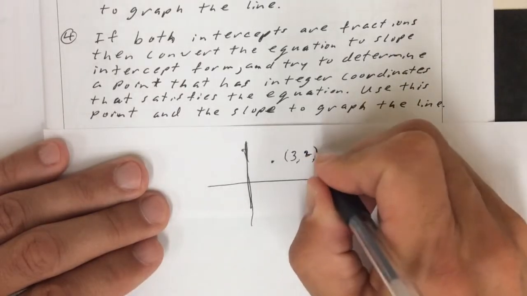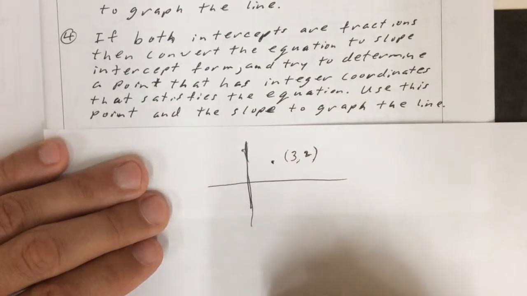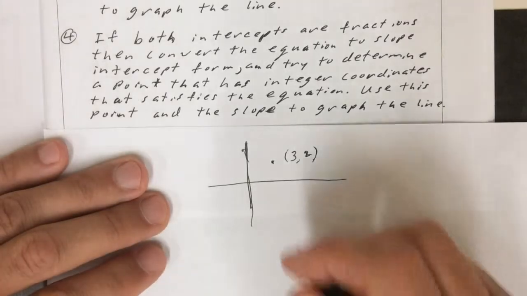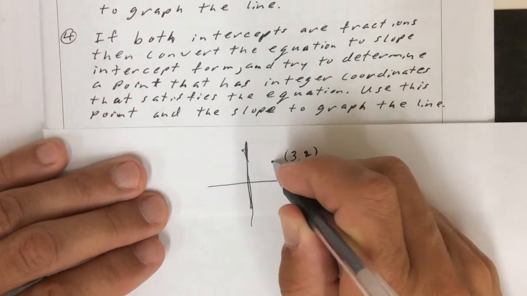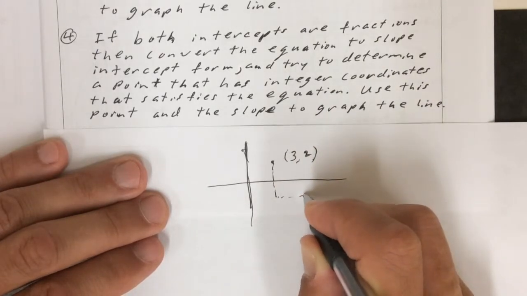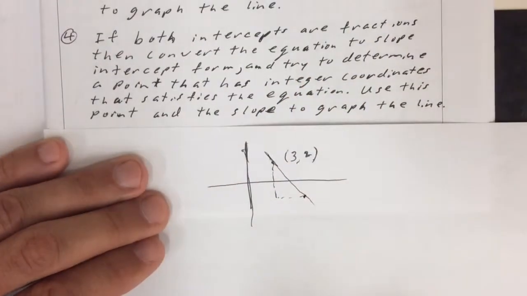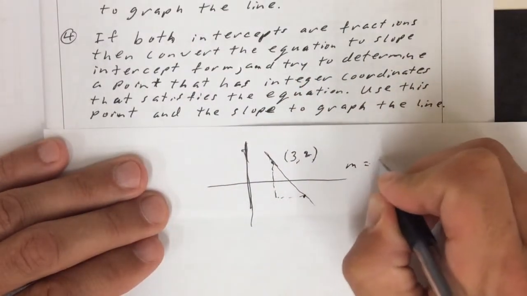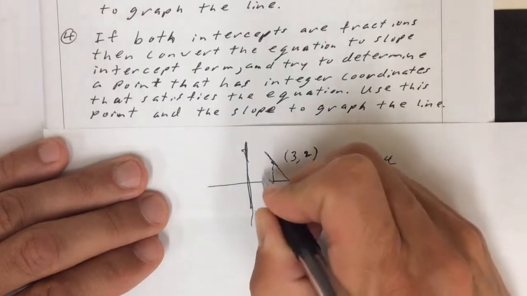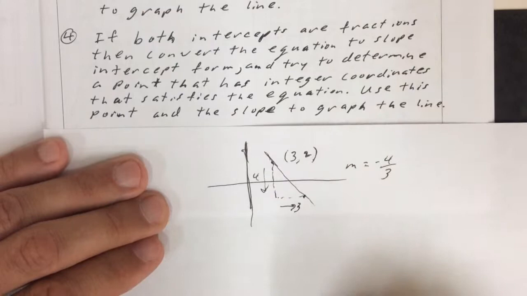Then you can use that point as your starting point and use the slope. Say the slope is -4/3. Then you go down 4 and over 3 from that point, and you get a second point, and you can draw the line.